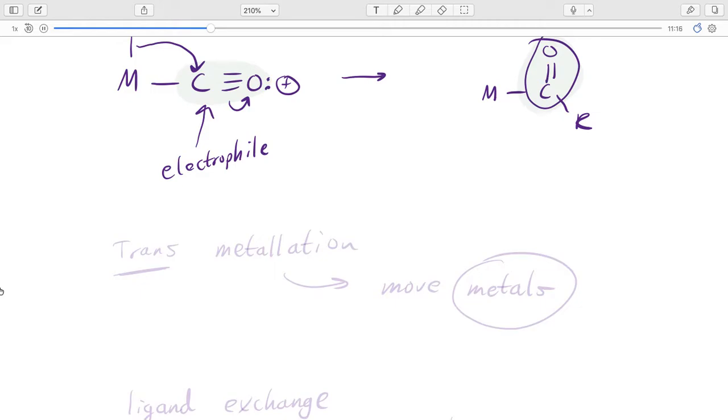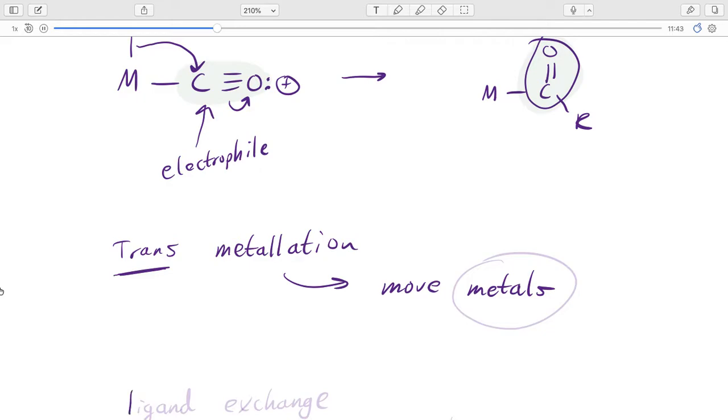Do you want to go over the rest? So I've got transmetallation, and these two really have not been gone over as much, so I would doubt that these are on the test. But transmetallation just means we simply move the metal groups around, move metals.